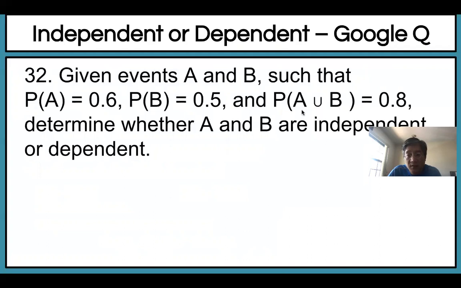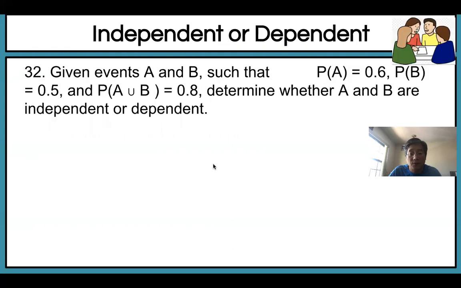Is this A intersection B? No, this is A union B, not the common part, right? Not the intersection. Then we need to find A intersection B, but we have enough information here. Do you remember the formula? P(A union B) is equal to P(A) plus P(B) minus P(A intersection B). That formula we are supposed to use, right?